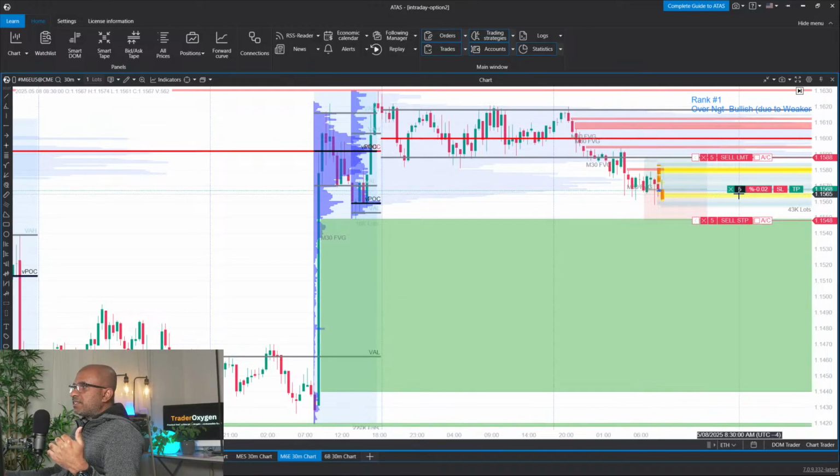So now, for example, in this trade, we have placed 5 contracts. If you are running this trade, you can either take all the contracts out here. That means you can take your profit over here.